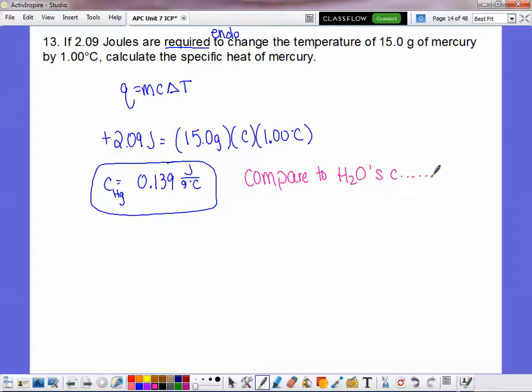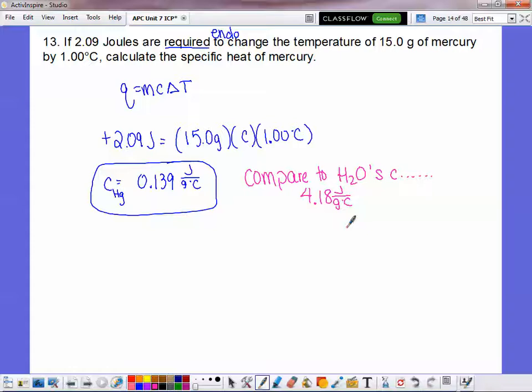Let's compare that to water's specific heat. Water's specific heat was what? 4.18 joules per gram degree Celsius, significantly larger than the mercury one.